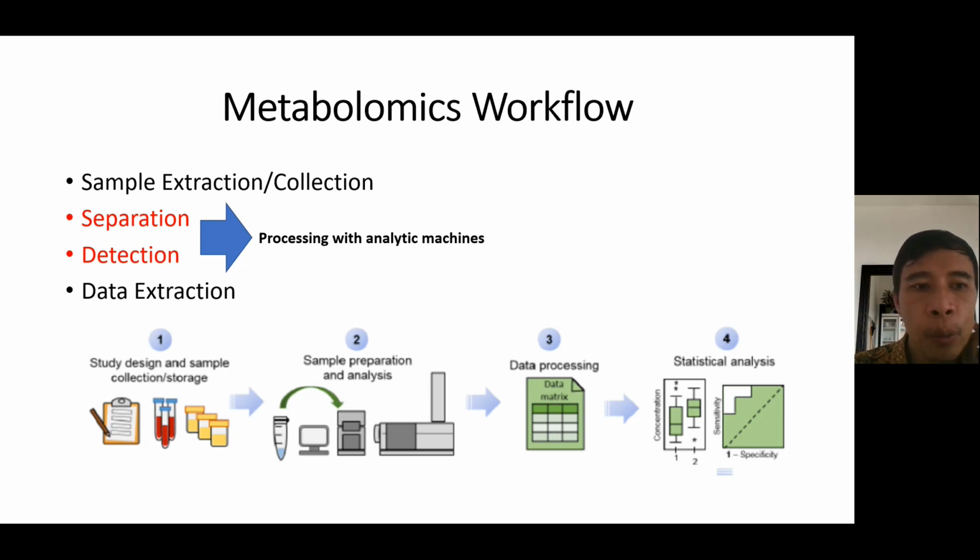For example, when you collect blood, you will focus on the blood plasma, not the blood cells, so you have to collect the plasma. To do that, you need to centrifuge the sample at certain speeds and times, and afterwards your sample will be separated into two portions.